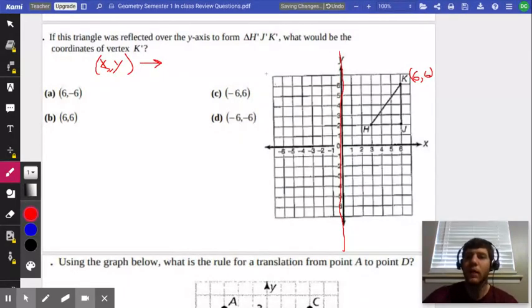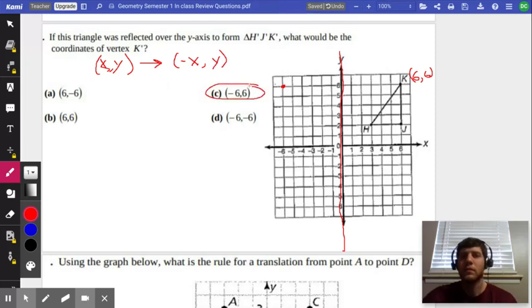So your y value is staying the same, and your x value is what's changing. We're going to take the opposite for your x, and then your y stays the same. So 6, 6 is going to become negative 6, 6, and this would be K prime.